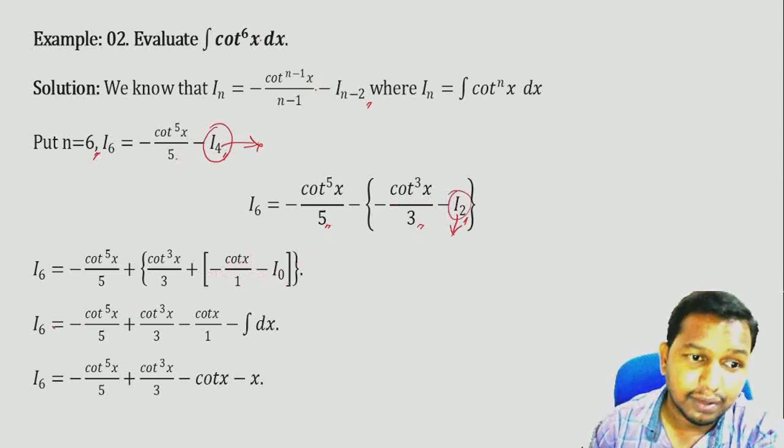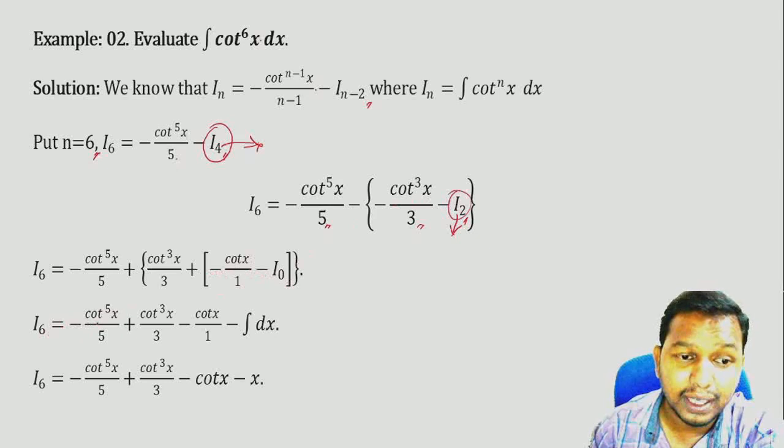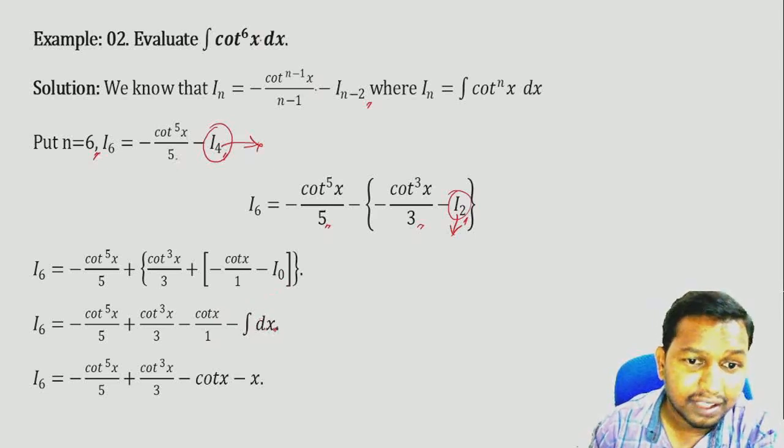So which is equals to I6 is equal to minus cot to the power 5x divided by 5 plus cot cube x divided by 3 minus cot x divided by 1 minus integral of cot power 0 dx. Cot power 0 value is 1. So we have integral of 1 dx. So 1 dx is nothing but x.